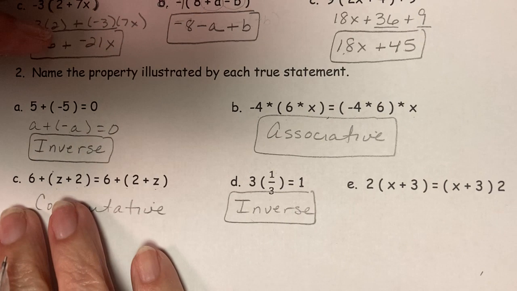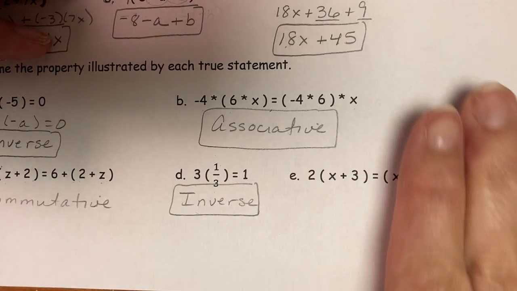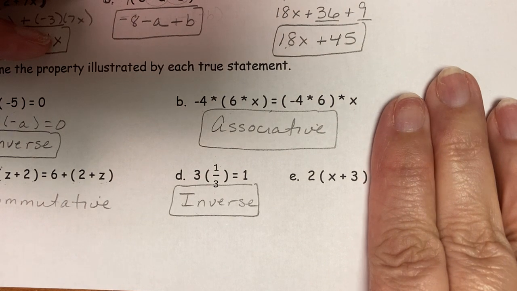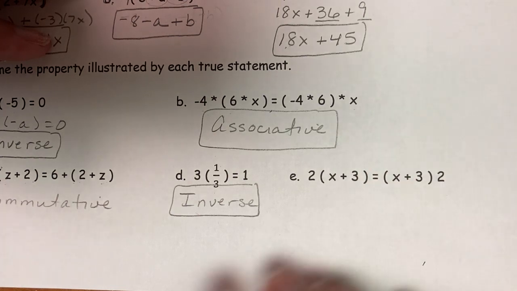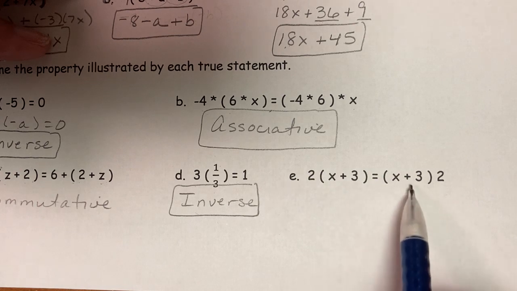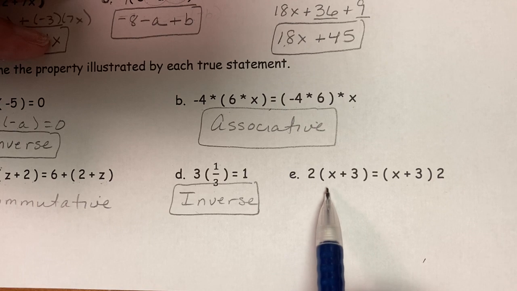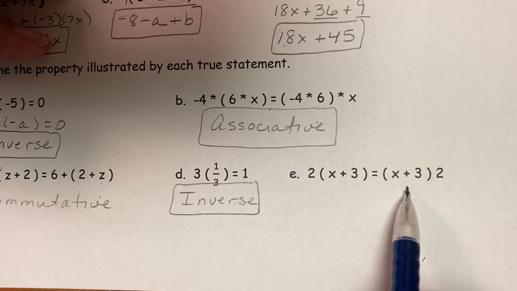And last but not least, what is this one? If you just look at the left, you might think it's going to be distributive, because you have a value and then you're multiplying it by a set of parentheses. But is it distributive? No, the 2 has not been multiplied by 3, so it's not distributive. What has actually happened going from left to right?